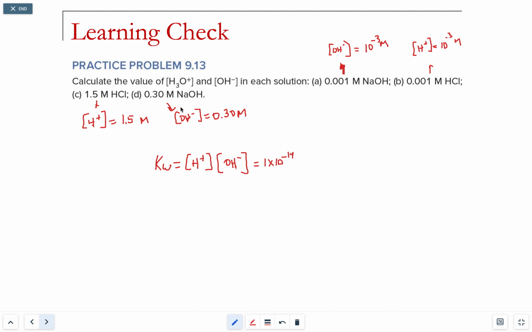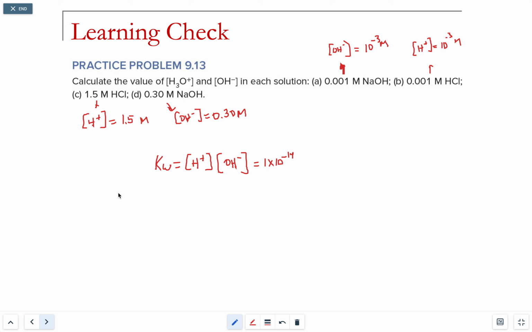Okay, here we have 4 more problems straight from your book. Given the sodium hydroxide concentration is 0.001 molar, that's the same, we know right away hydroxide is 10 to the minus 3. So to calculate H plus, we use our equation.